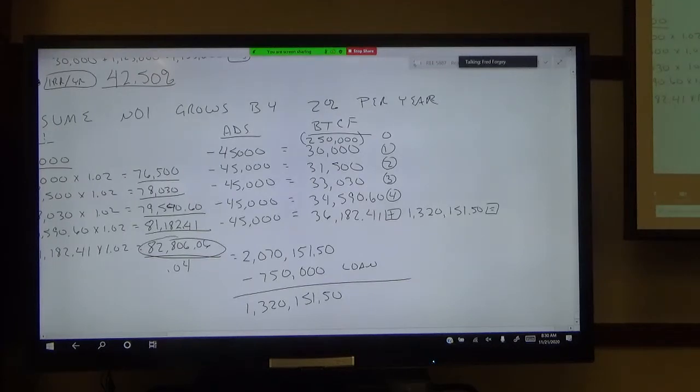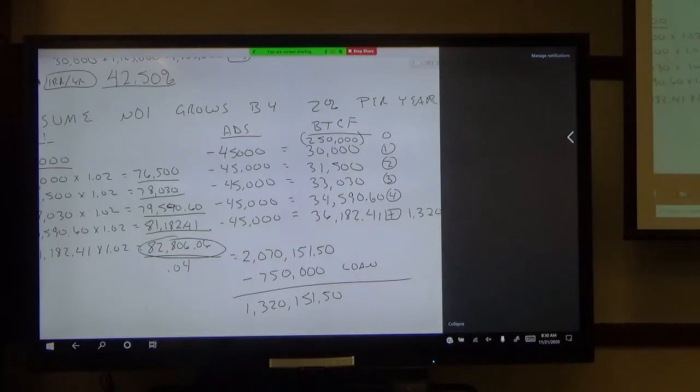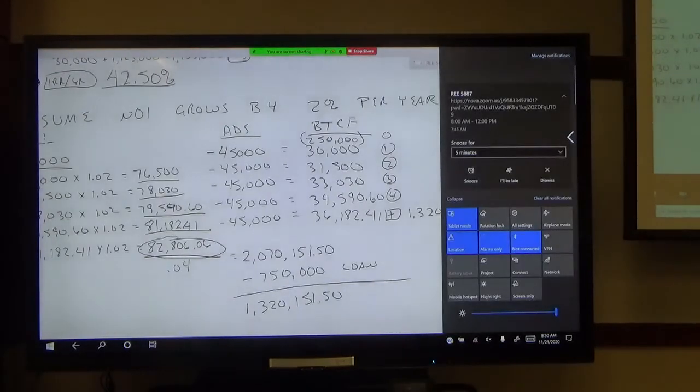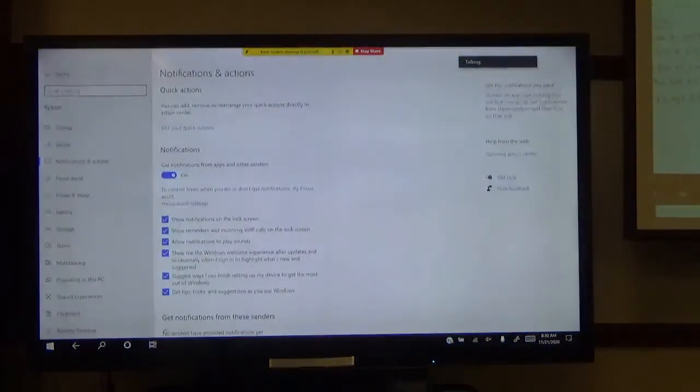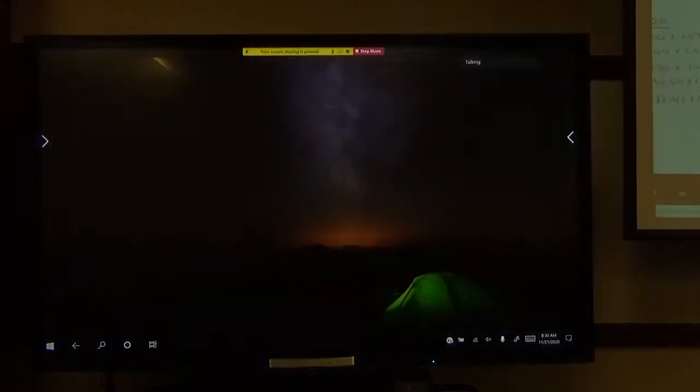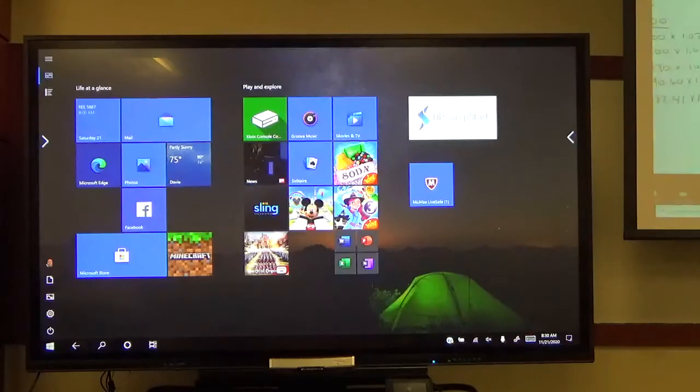Okay. So the total amount, whoops, yellow. Oh, come on. 1,356,333.9. Seriously.